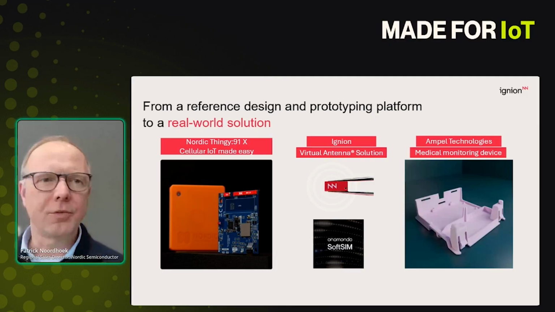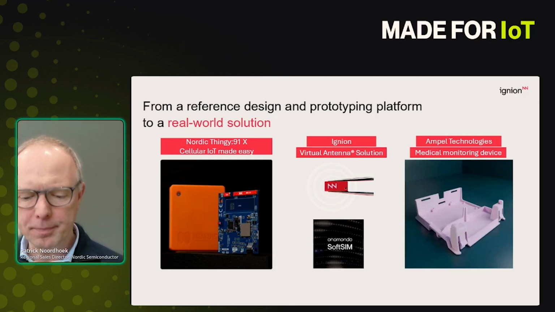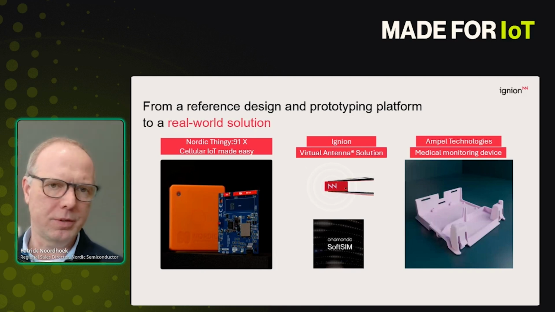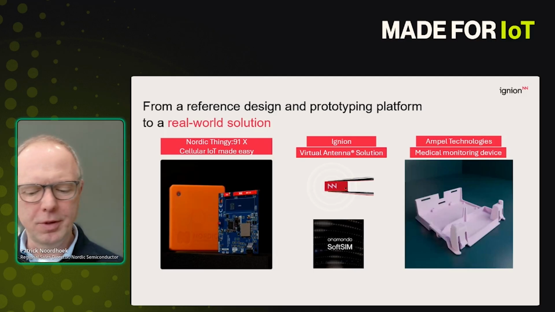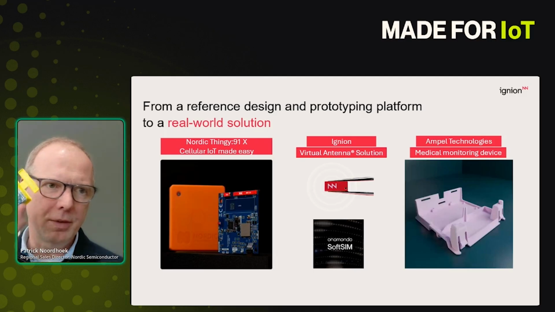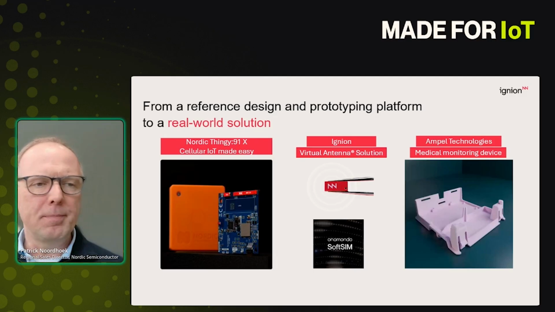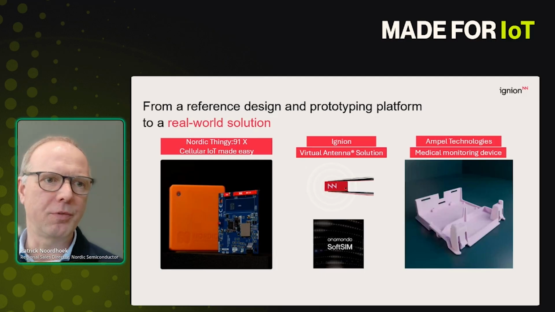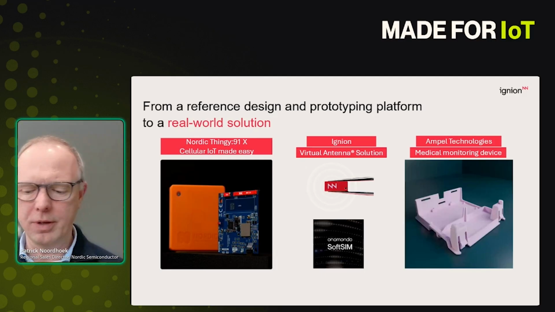Yeah, thanks for giving us the chance to present something on the Nordic Thingy 91X. So basically, the 91X is developed first of all to show the Nordic silicon, the 9151 device, which is prominent on the Thingy, you can see, it's like this one here. So what is there is to combine the Nordic chip with the Ignion antenna solutions. You can see different ones on there for the different kinds of interfaces.